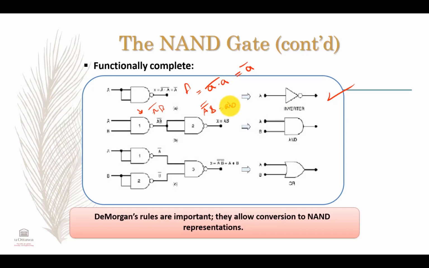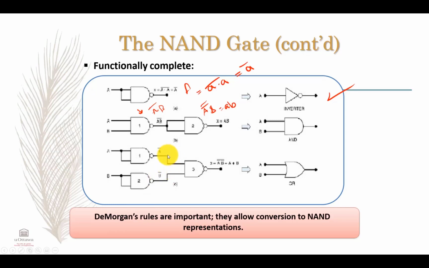Now, when it comes to implementing an OR using a NAND-only solution, a NAND with complemented inputs acts as an OR gate. So we can use the first DeMorgan law in order to implement an OR using NAND only. In other words, this is an inverter, so this will give you A prime, and this is an inverter, this will give you B prime.